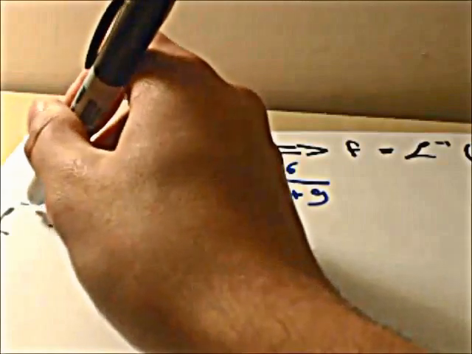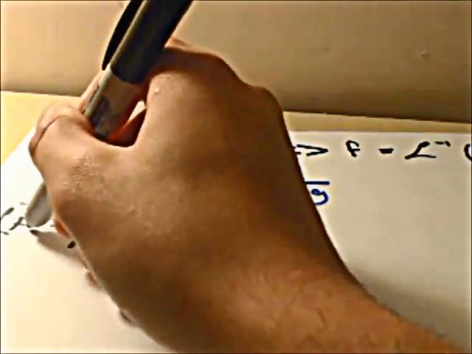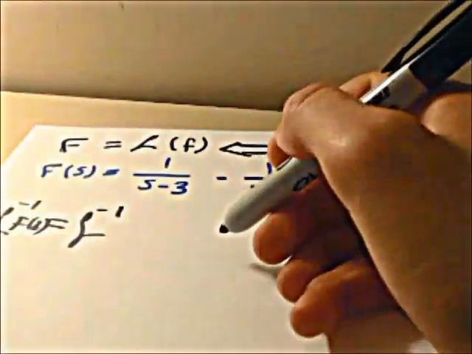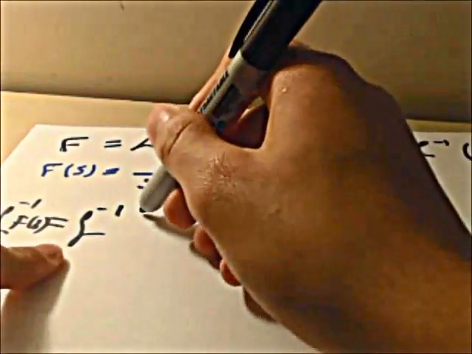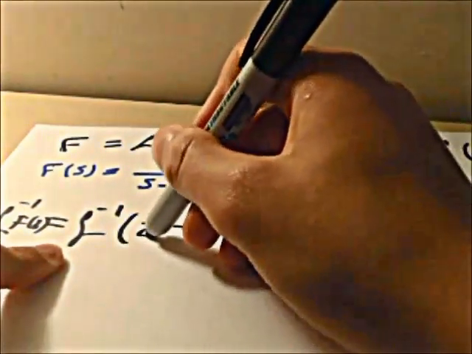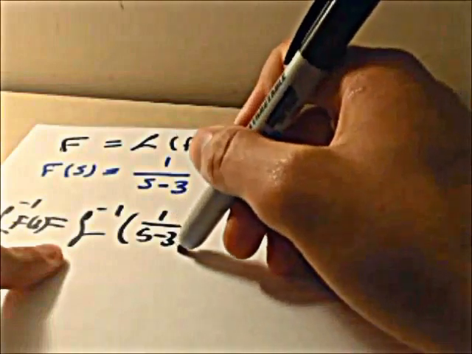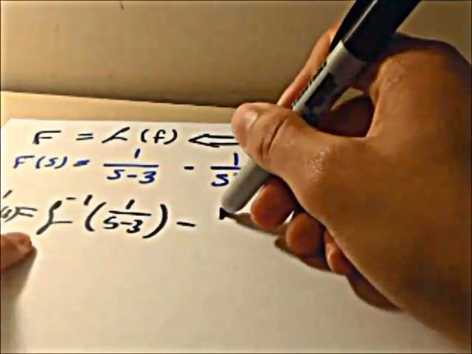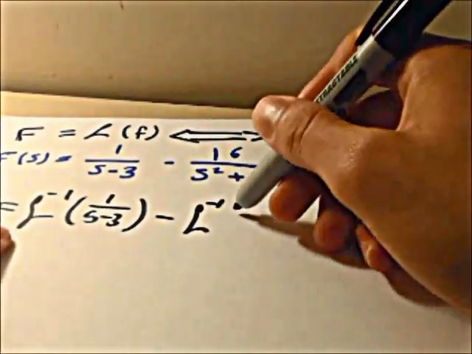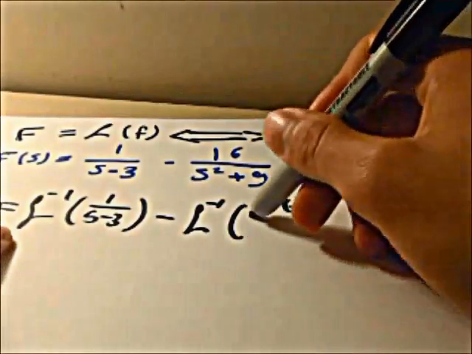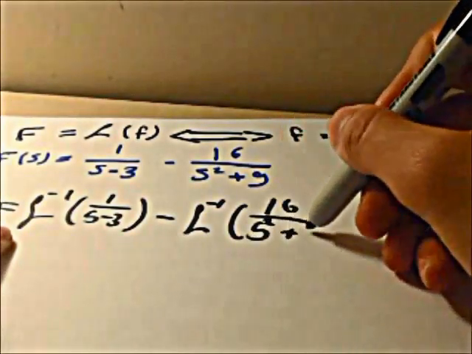So the inverse Laplace transform of both sides: the inverse Laplace of F of s equals the inverse Laplace of 1 over s minus 3, minus the inverse Laplace transform of 16 over s squared plus 9.